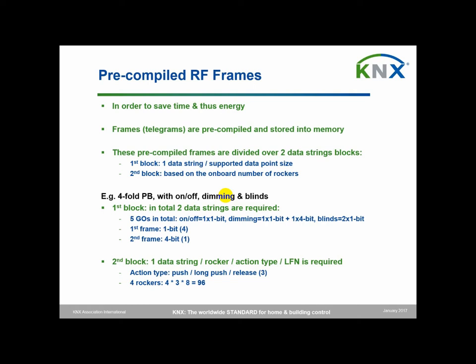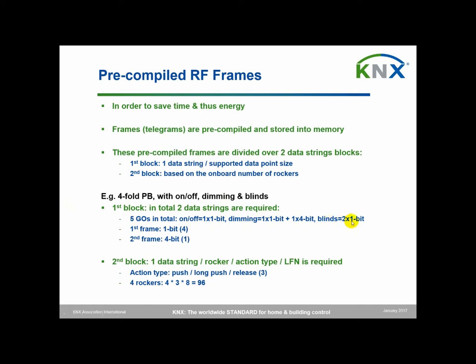Now, in order to know how many strings we need in the first block, let's have a look at the group objects. In total, there are 5 group objects.